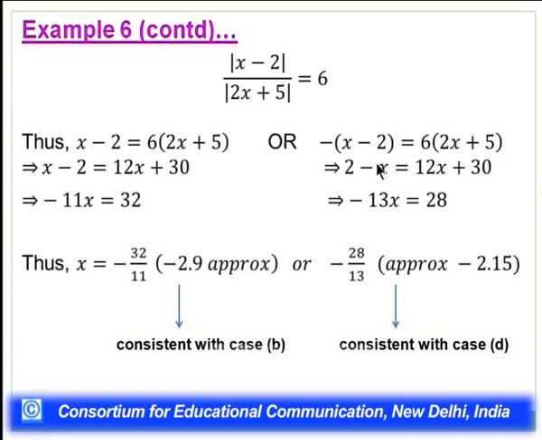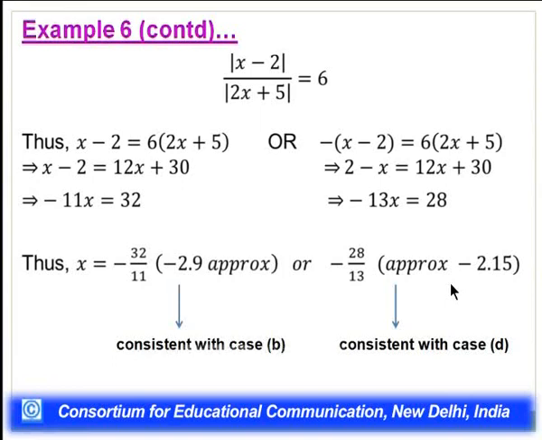Now solving the equation on the right hand side, I get 2 minus x is equal to 12x plus 30, which in turn means if I take 12x to the left hand side, I get minus 13x, which is then equal to 28, or x is equal to minus 28 by 13. Now if you notice, these values are approximately minus 2.9 and minus 2.15.